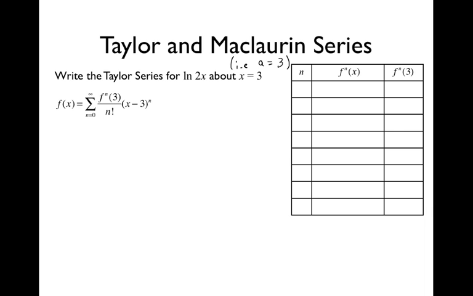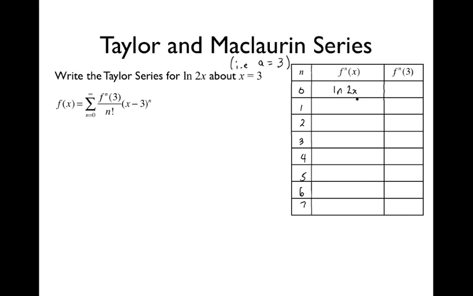All right, so here we go. So we're going to look at, starting at 0, values of n, derivatives. So the zeroth derivative of the function is just the function. ln 2x evaluated at 3.